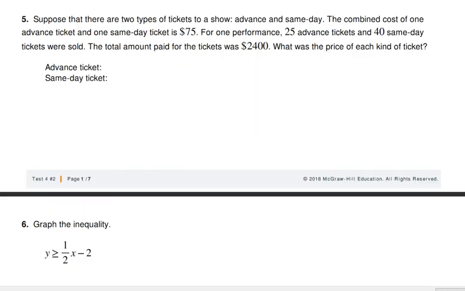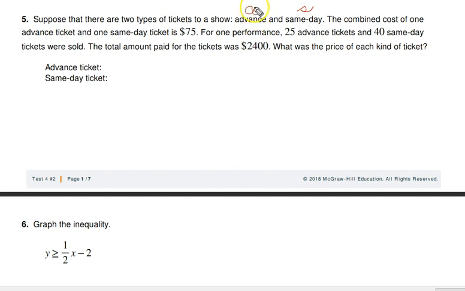All right, we're looking at number 5 now. Again, pause it. You want to see if you can come up with a set of equations that represents this data, so that we can work here a little bit together in regard to letters. Let's say the advance ticket would be A, and the same-day ticket would be S. Okay?